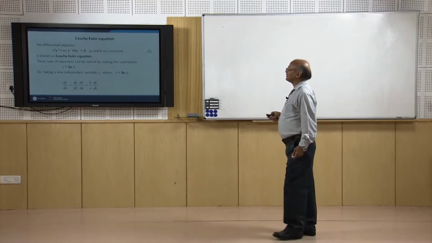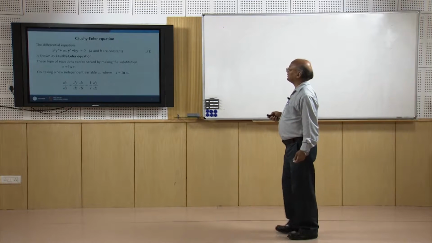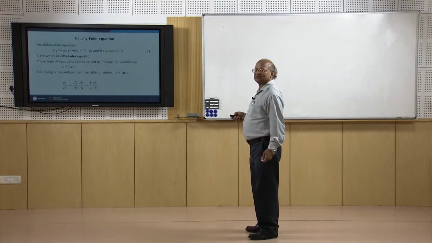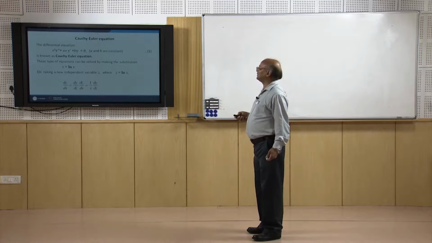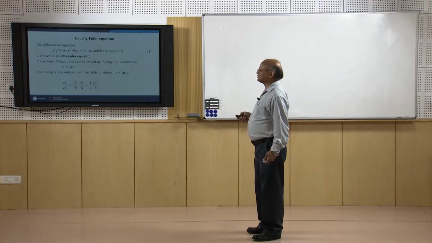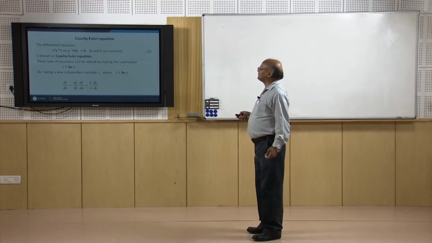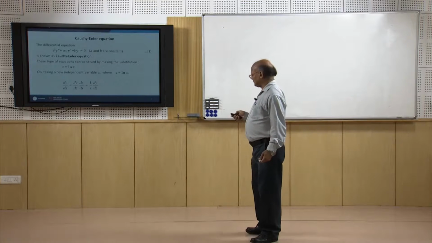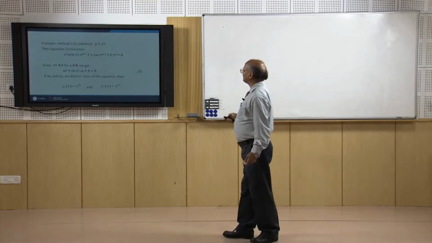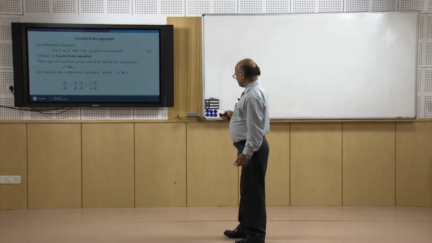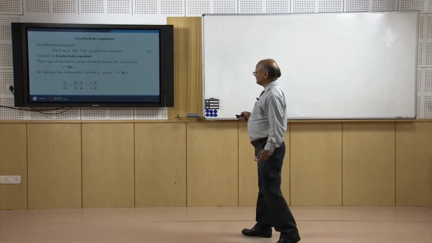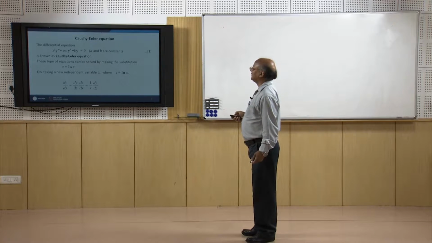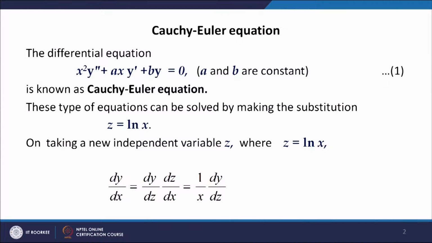Such equations can be reduced to linear differential equations with constant coefficients, and we know how to solve those. By making the substitution z equal to ln x, we shall convert this equation to an ordinary linear differential equation with constant coefficients, solve it there, and then replace the variable z by x.